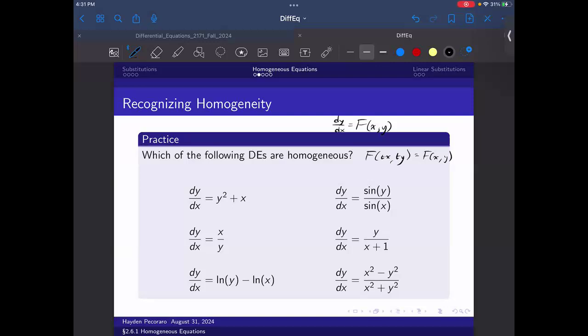Okay, so that's another way to recognize it. So I'll give you a few minutes to go ahead and practice that. See if you can figure out which of these is and is not homogeneous. And then we'll come back and do it together. So let's say, how much time do we have? It's 4:31, so let's come back in 4 minutes, 4:35.